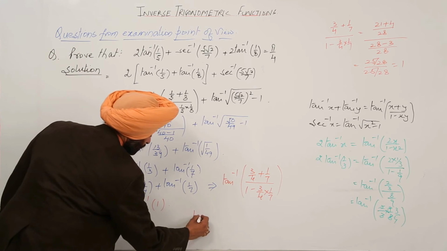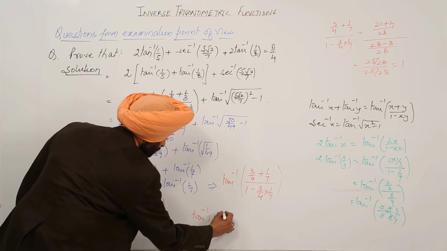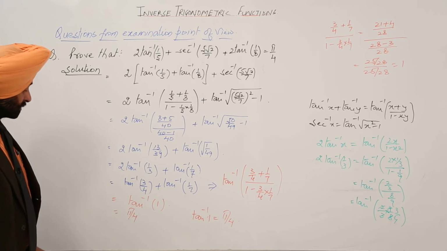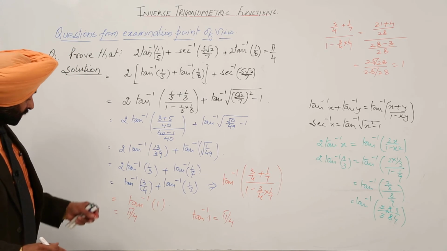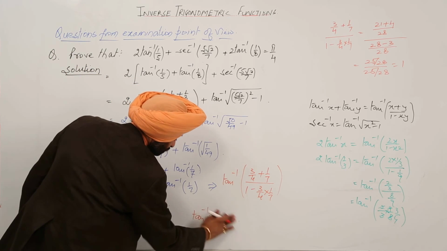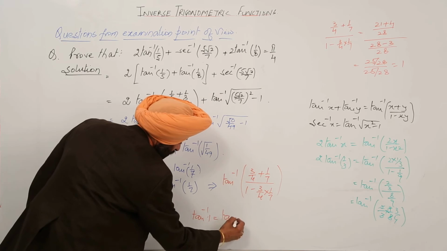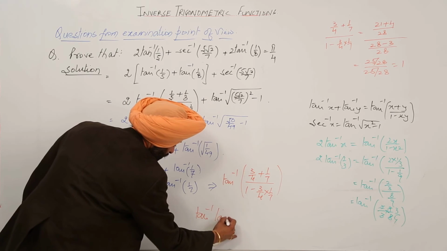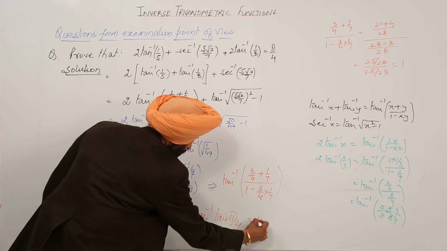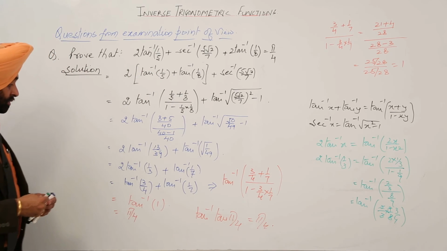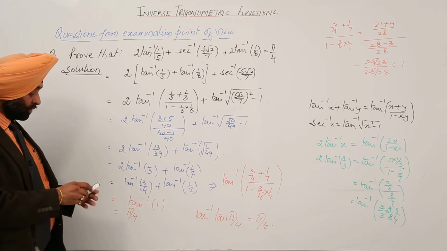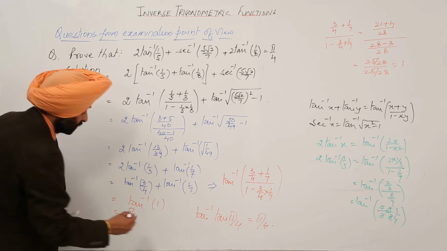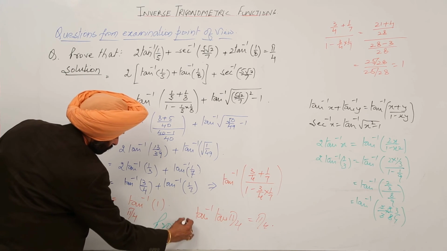You can write tan inverse 1 is tan inverse tan pi by 4, which is equal to pi by 4. Okay, we can move like this. So we are having the answer as pi by 4, and we had to prove that this is pi by 4. So here we have proved it. This is proved.